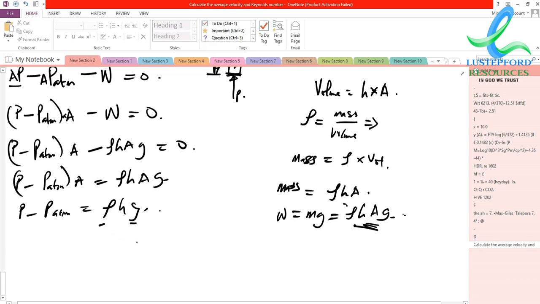So you have these two things. Now, the density of the fluid is the same thing as the specific gravity times the density of water.